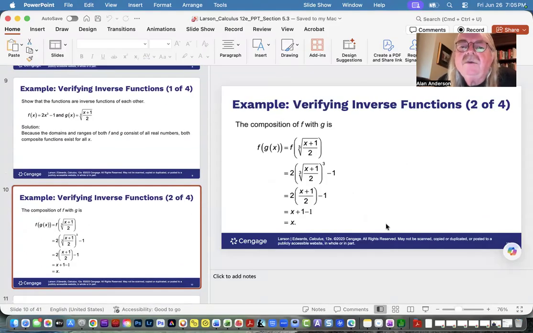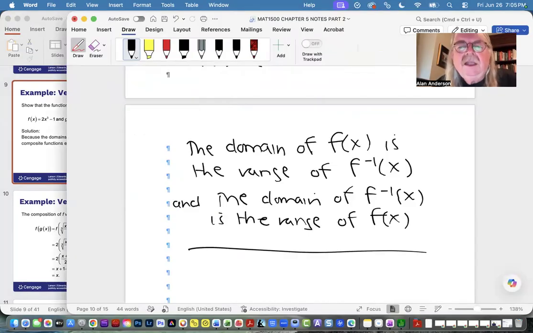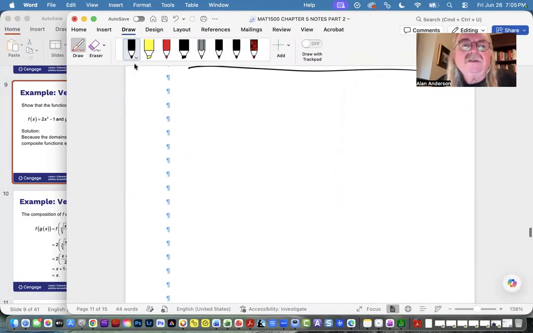Now how do we find these inverses? Here they're giving us the inverse and they're asking us to prove that they're inverses. So let's do this first. Then we'll see how to actually find the inverse.